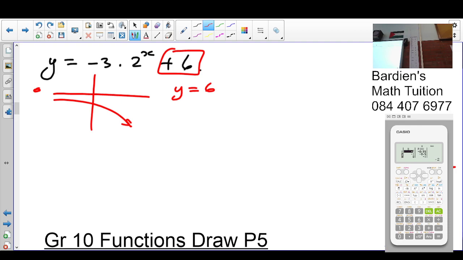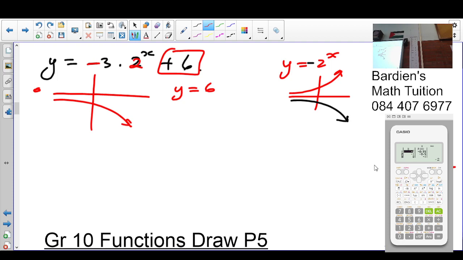I just showed you that if this is negative here, it's going to reflect in the x-axis, and that is why it's going down. If you had only this, the graph is increasing. When I put a negative in front of this, it's reflected in the x-axis, so y becomes negative. Decreasing function.